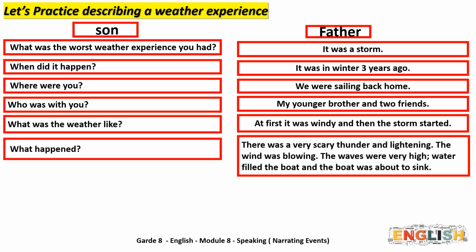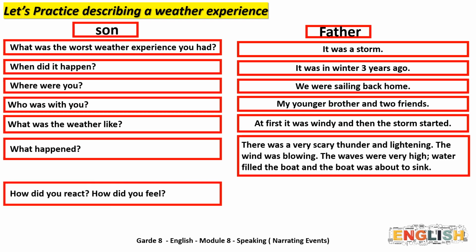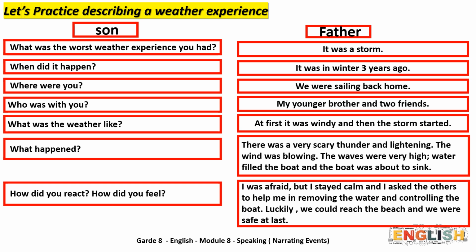There was very scary thunder and lightning. The wind was blowing. The waves were very high. Water filled the boat, and the boat was about to sink. How did you react? How did you feel? I was afraid, but I stayed calm, and I asked the others to help me in removing the water and controlling the boat. Luckily, we could reach the beach and we were safe at last.